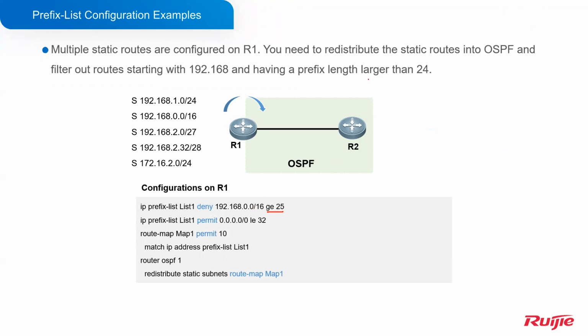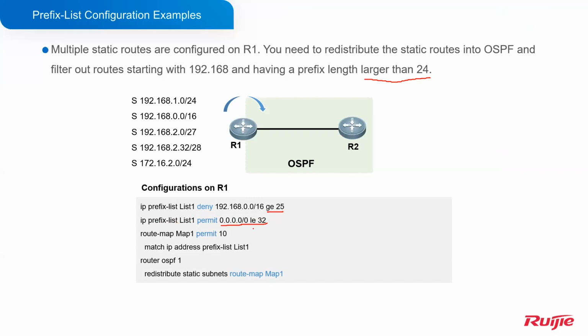Since it's larger than 24, larger than 24 means 24 is not included. So during the configuration, we should use GE 25. It's very important. And after that, all the others should be permitted. So IP prefix list 1 permit, this is any, right? Any means all the other entries.